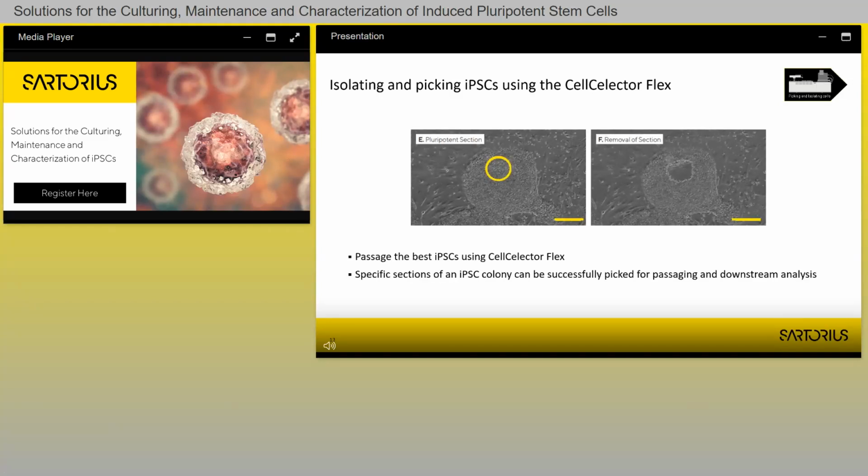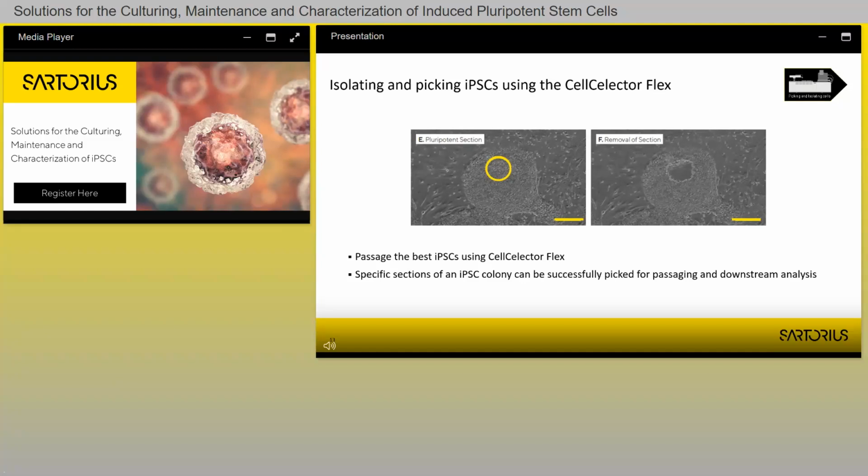As alluded to before, using the cell selector flex, because of its accuracy and specificity, you can passage the best iPSCs using the system. The images here show you an iPSC colony growing on a feeder layer, and what we've done here is pick a specific section of the colony, so a pluripotent section, and then we've just gone in there and specifically removed that section without disturbing the surrounding cells.